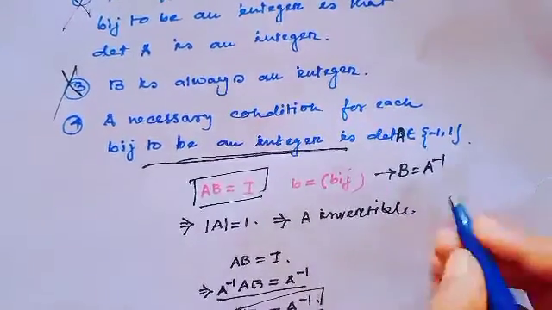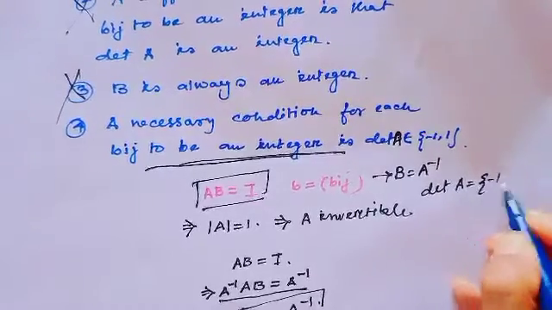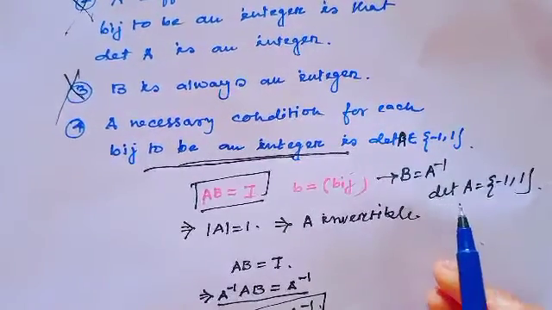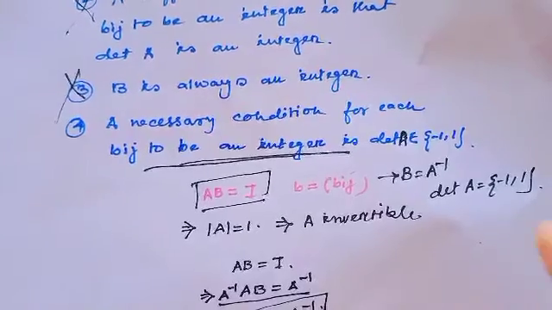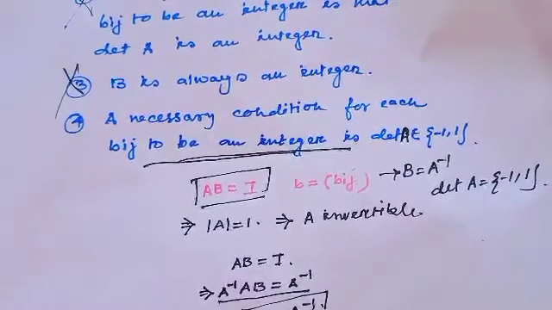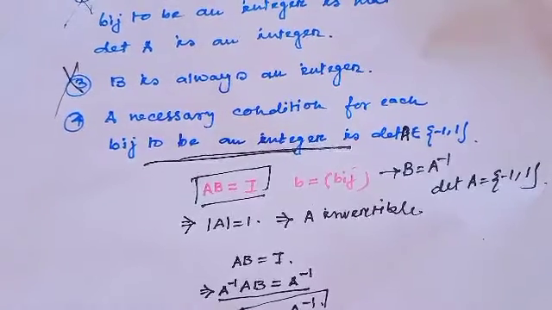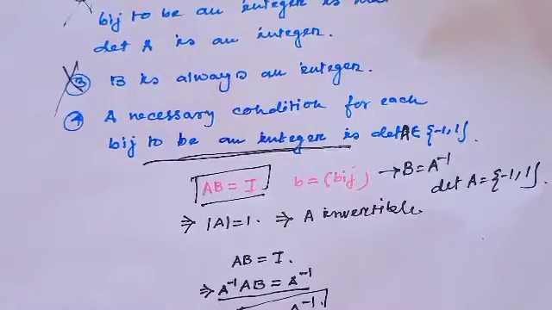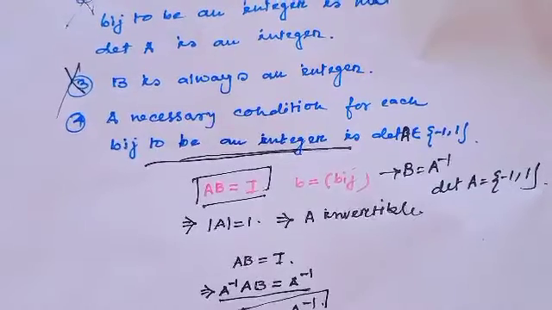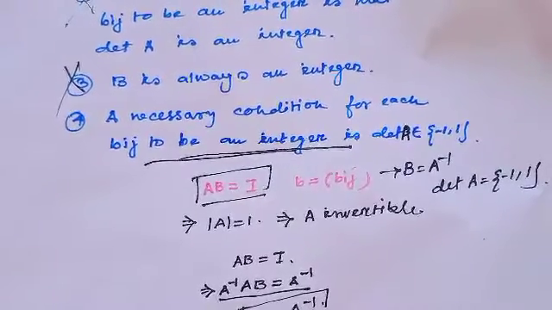This is possible when determinant of A belongs to {-1, 1}. This is actually a nice theorem. This is the idea about the units of the integers in group theory. We all know that for the integers the units are always -1 and 1.